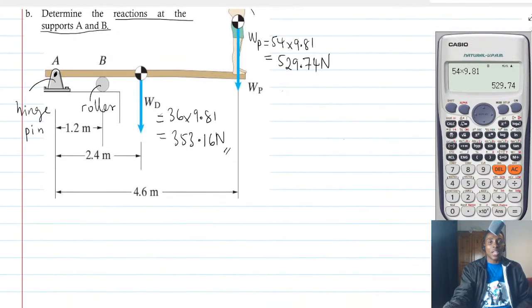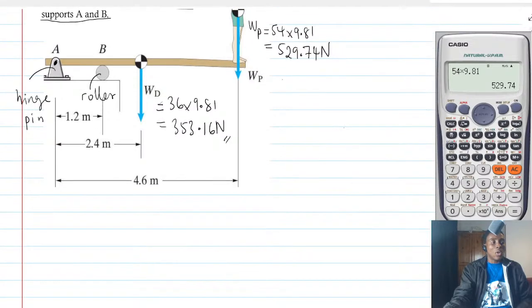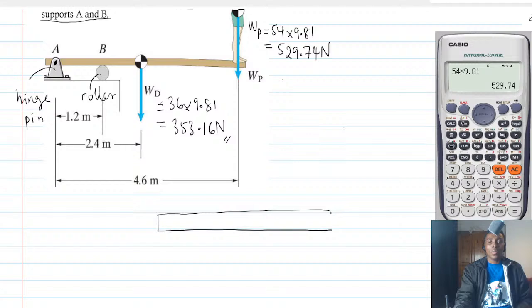Okay, maybe let's draw it again. So now let's draw it again. Okay, let's say I have the rod as this. So let's say that this is the rod. Now what happens is that at point A, I have a pin or a hinge.